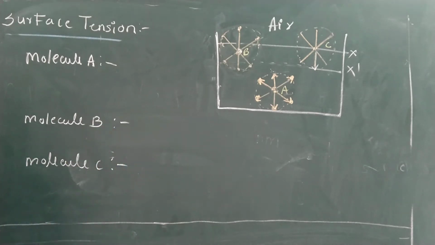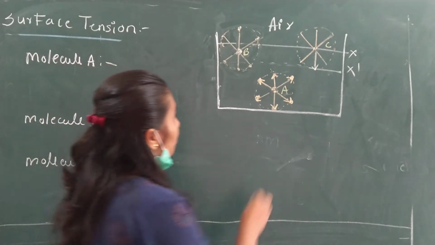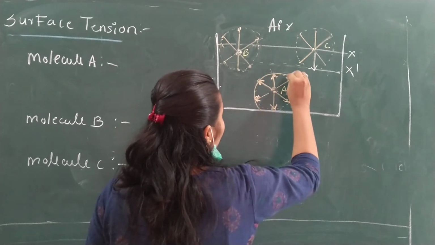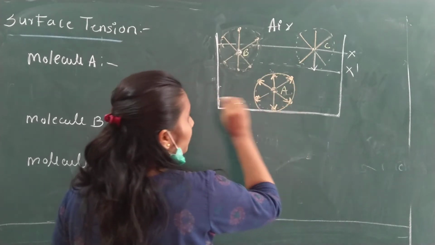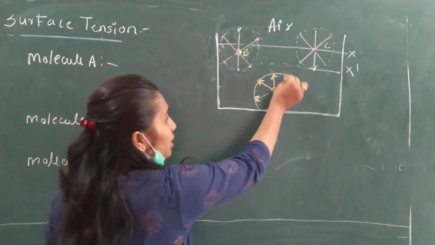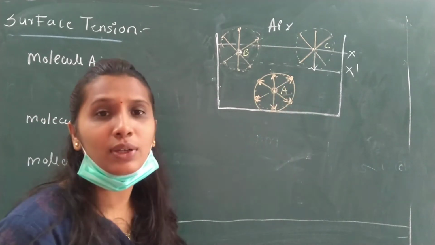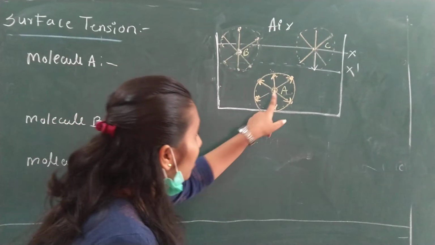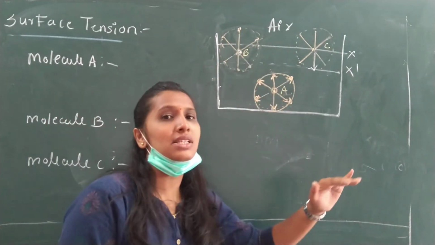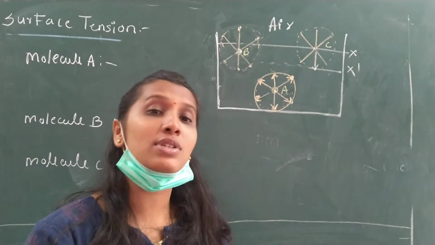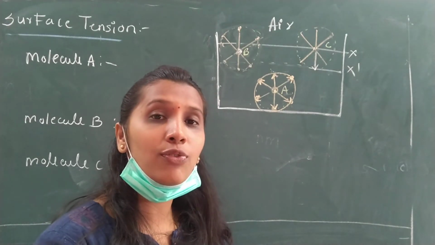at 3 different locations. So if you see properly, this one, the molecule A, it is completely inside the liquid. This is my sphere of influence drawn around the molecule A. So this A molecule is completely deep inside the liquid. Now as I told you, there are cohesive forces acting on it. Why cohesive force?